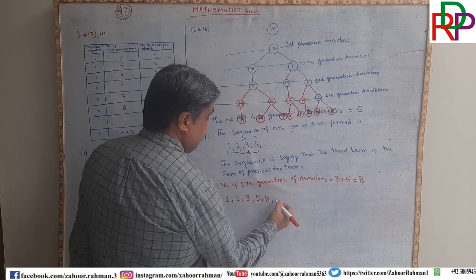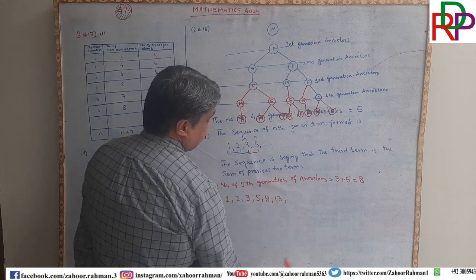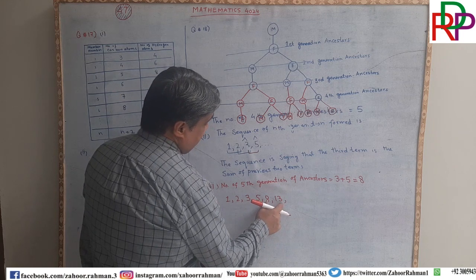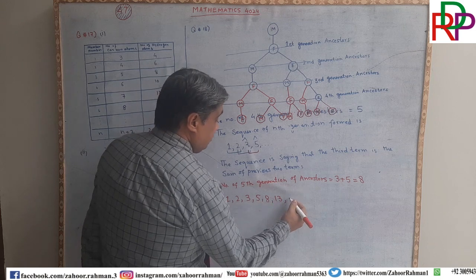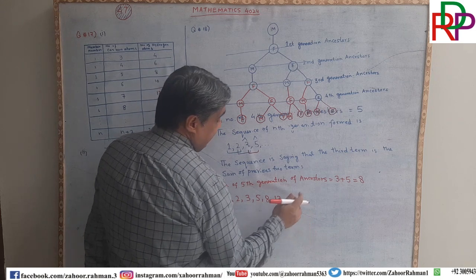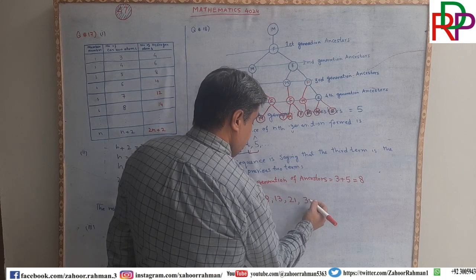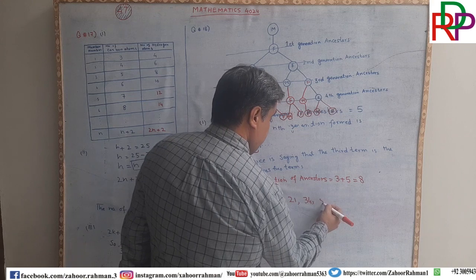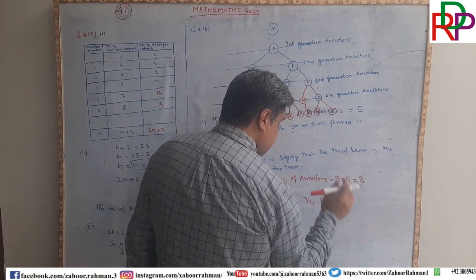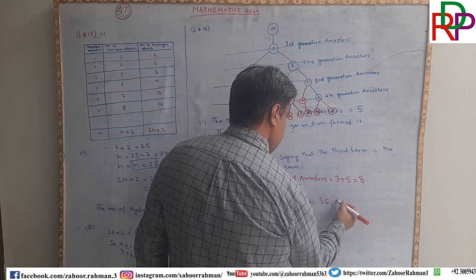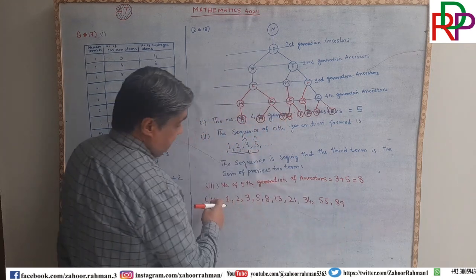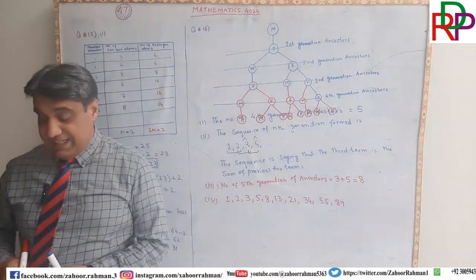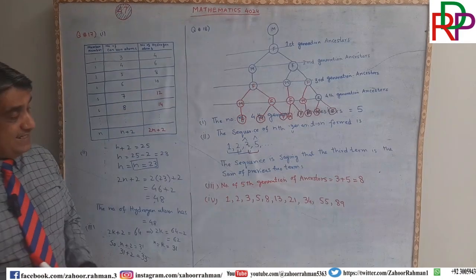The sixth is having 13, because 5 and 8 is 13. The seventh generation will have 21. The eighth generation will have 34, and the ninth generation will have 55, and the 10th generation will have 89.